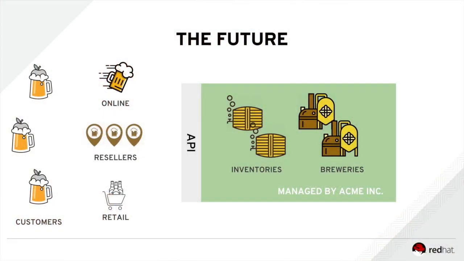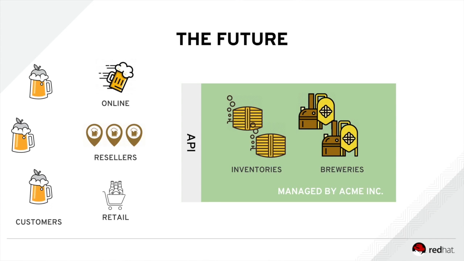Acme is so successful. So we can foresee some bright future for Acme, isn't it? Yeah, sure. So we added a solid API in front of our information system, and we can now decouple our producers from our consumers.